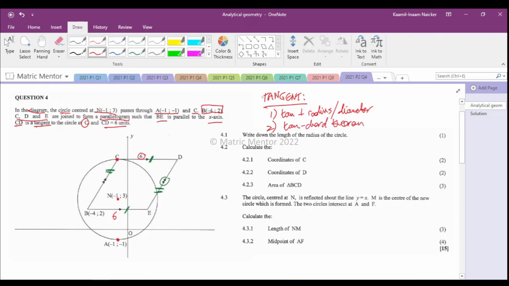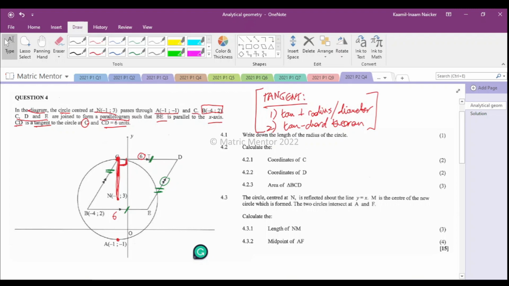Okay, so if you look at this picture, you'll see that C lies on the circumference of the circle, right? And N is the center. So a line from the center to the circumference of the circle is a radius, right? So I've got a radius here, and CD was my tangent. And so I know that my radius always sits perpendicular to my tangent. Okay, and we also know that BE is parallel to the x-axis. So if BE is parallel to the x-axis, then CD is parallel to the x-axis.